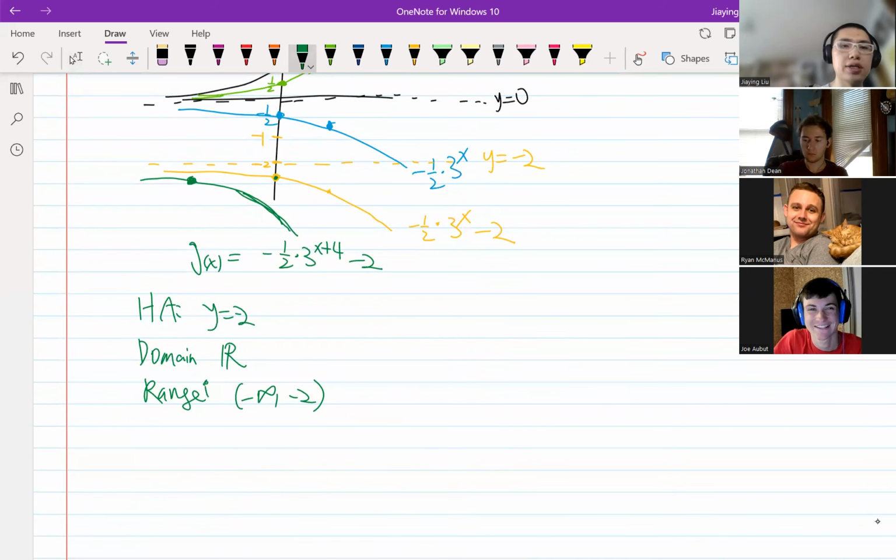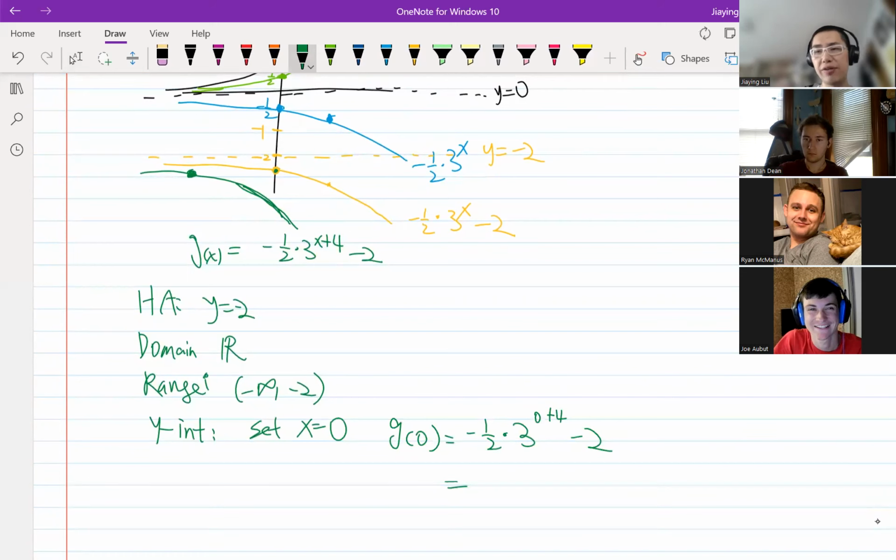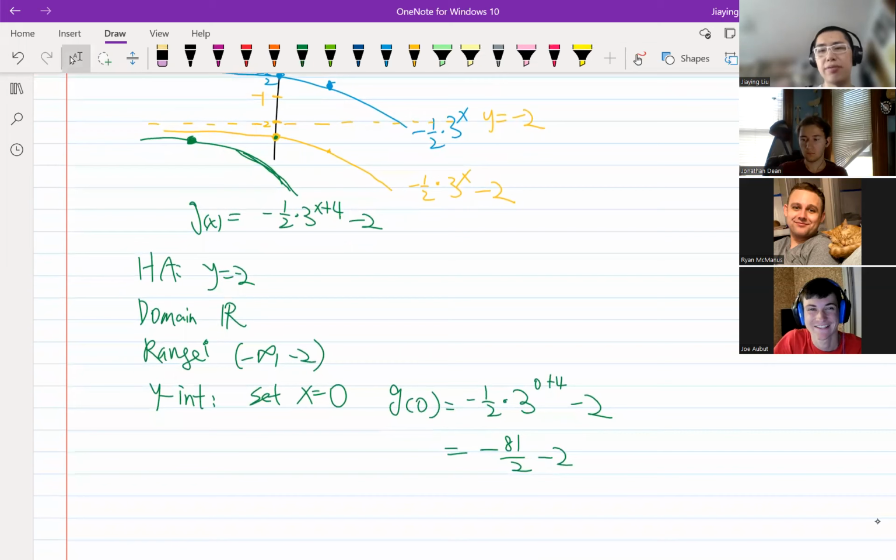So to find the y-intercept, we set x equals 0, and we get g of 0 equals -1/2 times 3 to the 0 plus 4 in the exponent, minus 2. 3 to the fourth power is 81, so negative 81 over 2 minus 2, so that's minus 4 over 2. So we get negative 85 over 2.